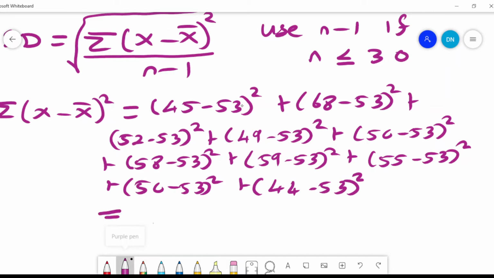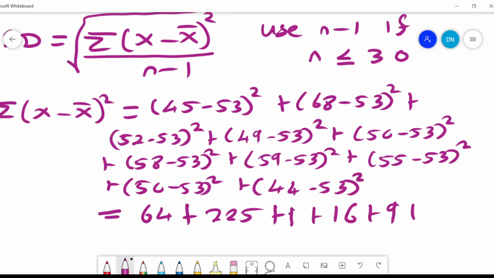So 45 minus 53 is negative 8, and squared this is 64 plus, not 13, it's 15. 68 minus 53 is 15, squared is 225, plus 1, plus 16, plus 9, plus 25, plus 36, plus 4, plus 9, and plus 81.